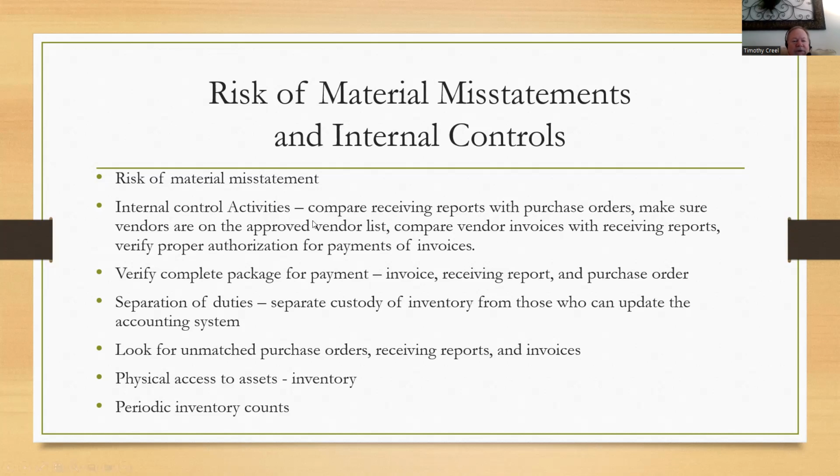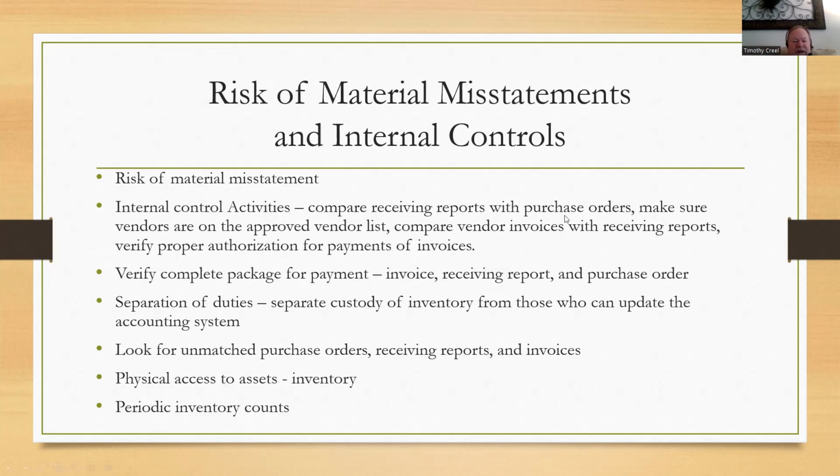So your internal control activities, these are just some different activities related to internal controls for this cycle. Compare receiving reports with purchase orders. Make sure vendors are on the approved vendor list. Because think about it this way, I'll just start off with talking about these two real quick: the receiving reports and the purchase orders.